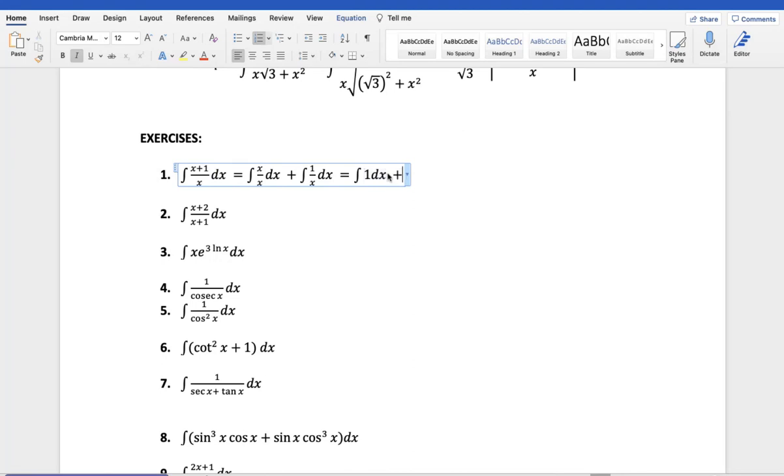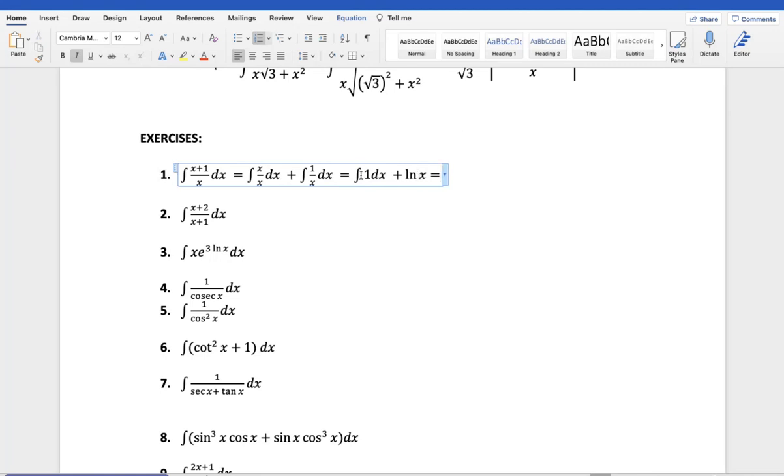plus the integral of 1 over x, which from our previous basic integrals, if you go back to the previous video, we showed that that is just equal to ln of x. And we'll just leave out the constant of integration for now until we finish integrating all the terms.